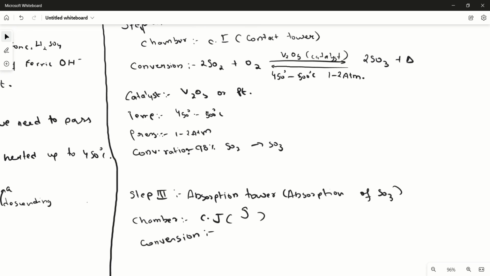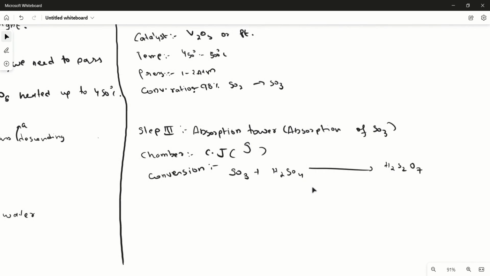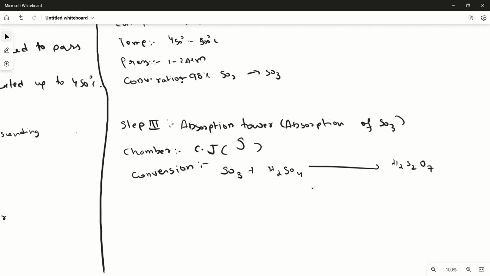We need to absorb the sulfur trioxide with a stream of sulfuric acid, as I told you. The reaction goes like this: SO3 plus H2SO4 gives us oleum, H2S2O7. And this H2SO4 is 98% pure.